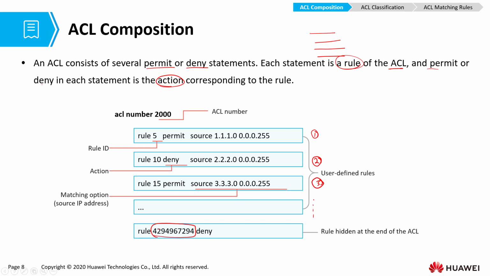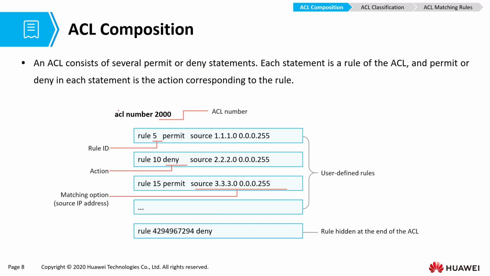The moment you create an ACL, there's going to be this implicit rule at the end of the ACL. 4,294,967,294th rule that says deny. This rule is simply denying everything else. Now, we'll come to that in a moment. For now, let us look at the composition of the ACL.